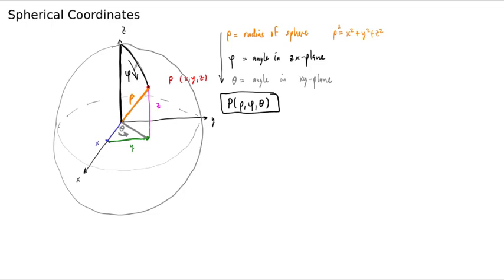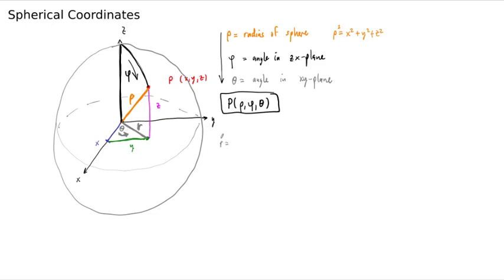One thing we see here is that there's a couple things we need to do. The x and y coordinates are related to the polar coordinates down here. So we have rho representing the orange length here, the radius of the sphere itself. Let's let r represent the usual radius.